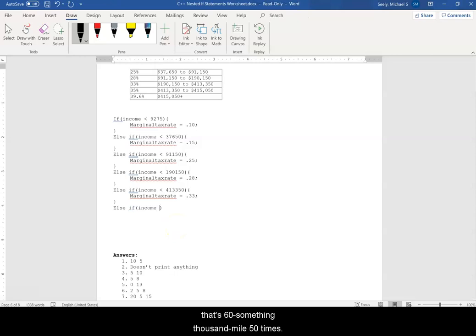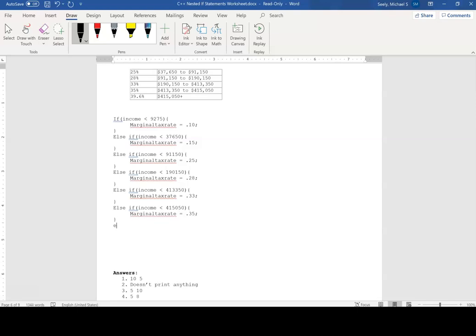Anyway, ridiculous. 415,050. Tax rate equals 0.396.